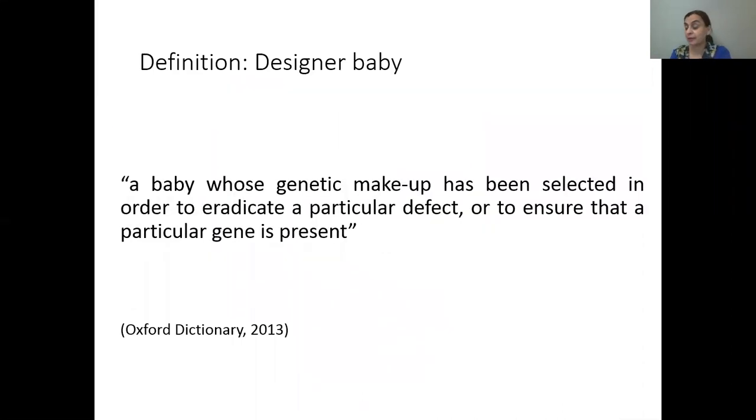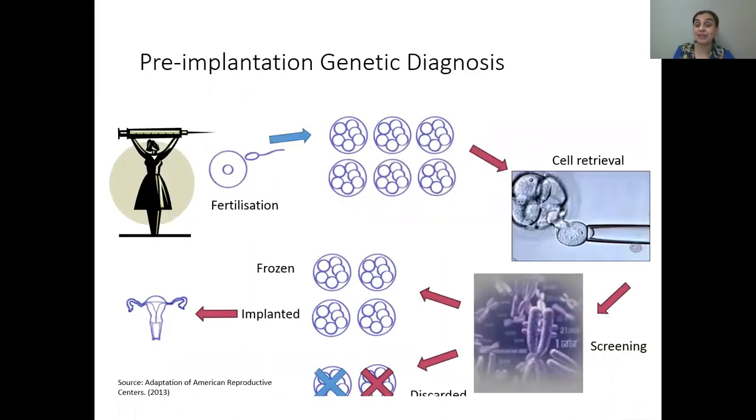What is a designer baby? Well, in terms of the formal definition, it's a baby whose genetic makeup has been selected in order to eradicate a particular defect or to ensure that a particular gene is present. That's quite interesting, because it's not about favourable characteristics, it's about the eradication of negative characteristics.